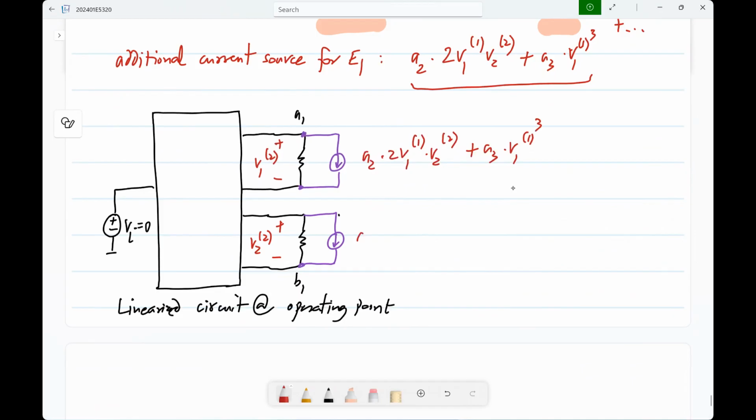And this will be 2 2V2 first order times V2. Again, I think I made a mistake here. All this should be V1. V2 second order plus A3 V2 first order cube. Okay. This is the third step.